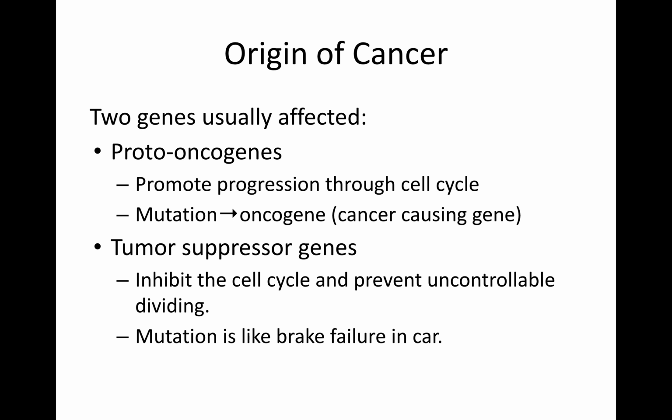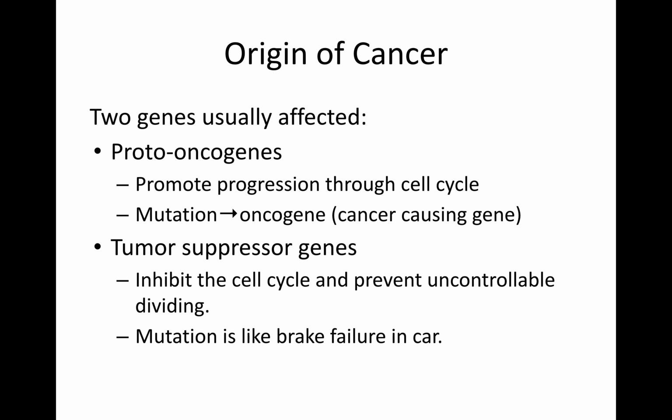So the origin of cancer: there are two genes that are usually affected. There's proto-oncogenes. These promote progression through the cell cycle. When there's a mutation, this becomes an oncogene, a cancer-causing gene.